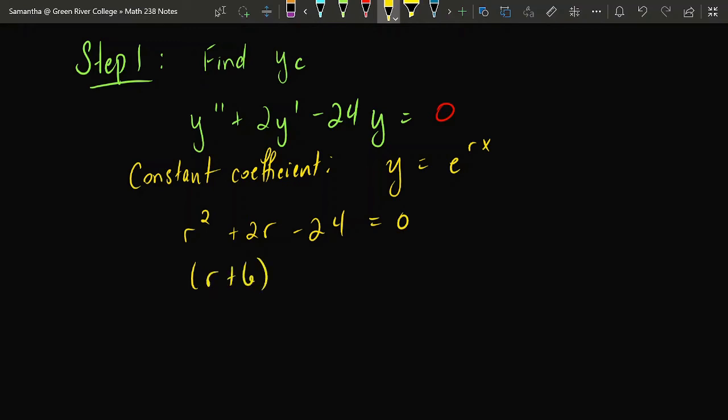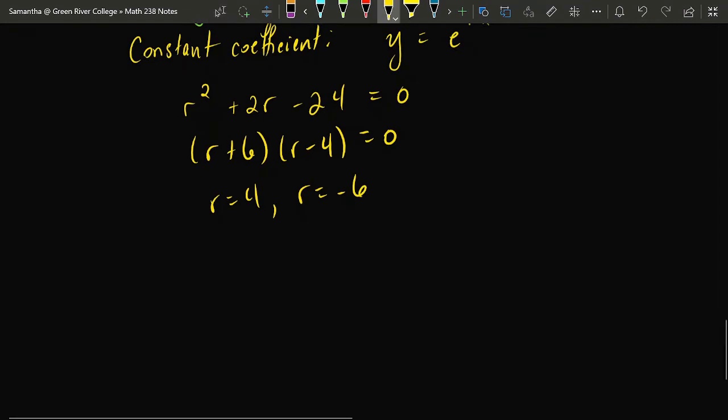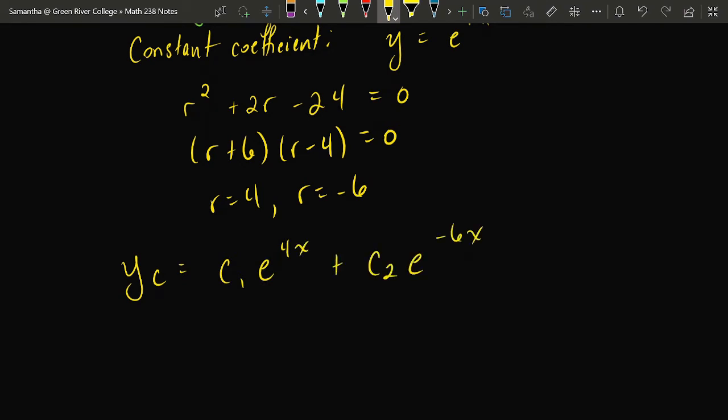And if we factor that, we get that r is equal to 4, and r is equal to negative 6. So our complementary function has the form c1 e to the 4x plus c2 e to the negative 6x. Now that that's complete, let's move on to step 2, which is trying to find one particular solution.